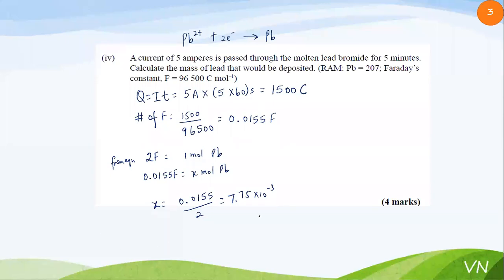So now we know that 7.75 times 10 to the minus 3 moles of lead were deposited.